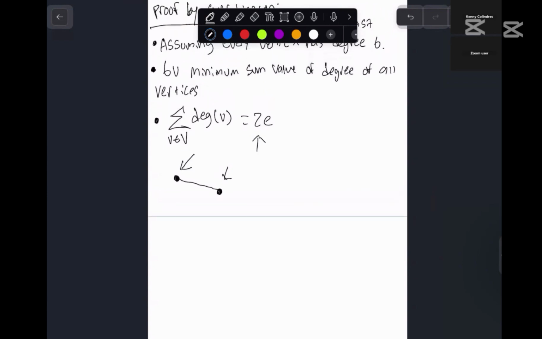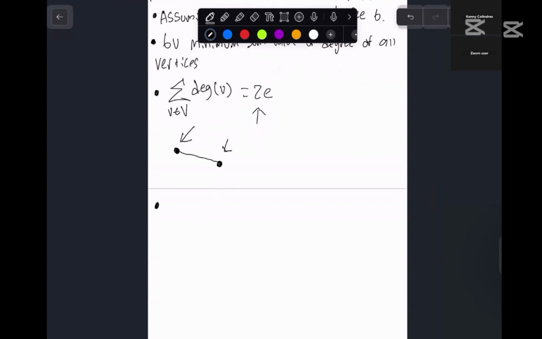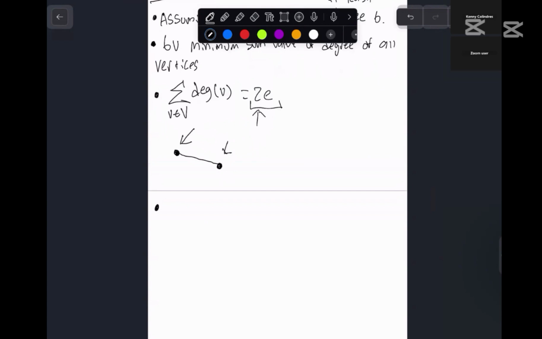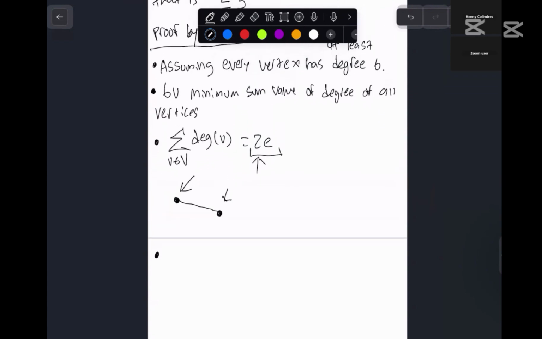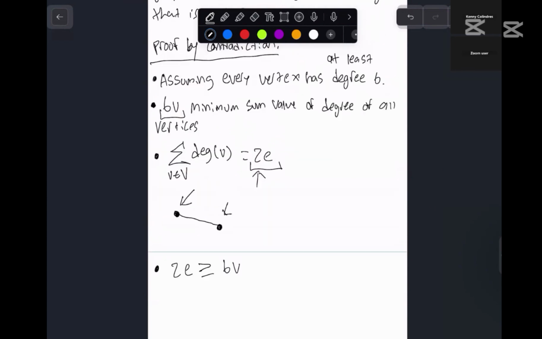And you can see that that's identical to the summation formula for the degree of the regions. And now using the idea that the total summation of the degree of the vertices is equal to 2e and that 6v is the minimum sum value of the degree of the vertices, we get 2e is greater than or equal to 6v.